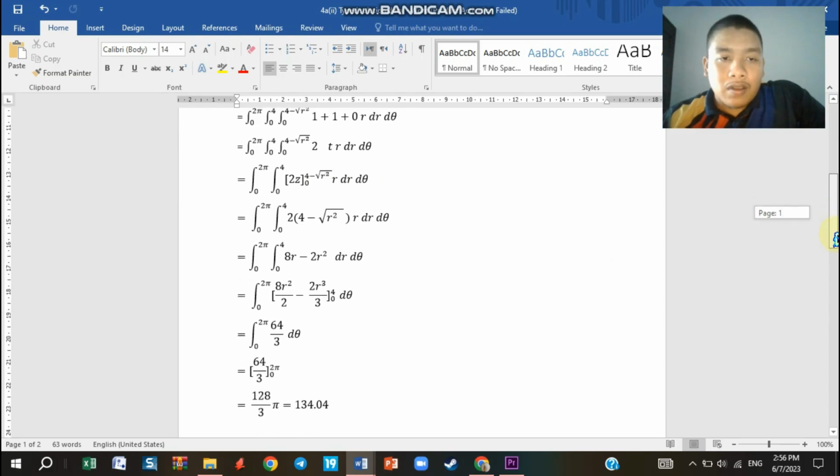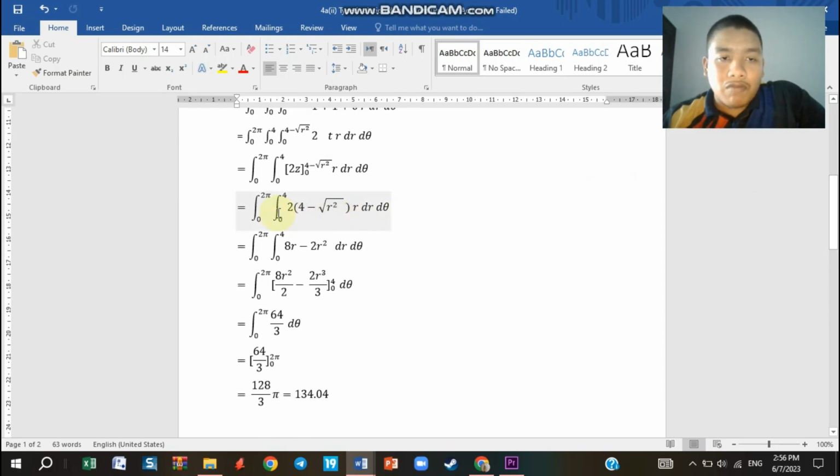So we continue and we get this value, and we integrate again with respect to dr d theta, and we put the second limit which is 0 until 4 in this equation, which is 8r to the power of 2 over 2 minus 2r to the power of 3 over 3, and we integrate it again with the last limit which is 0 to 2 pi.